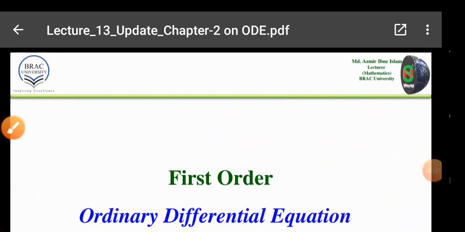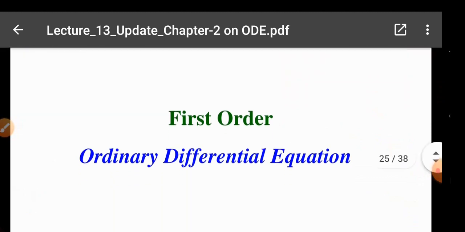Now I think by this time you have learned all the basic concepts regarding differential equations, so this is the time we should start chapter 2, which deals with first order ordinary differential equations.